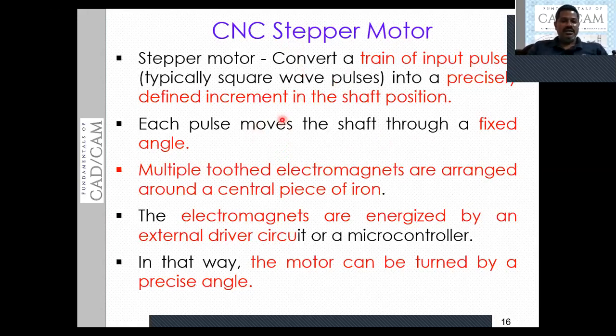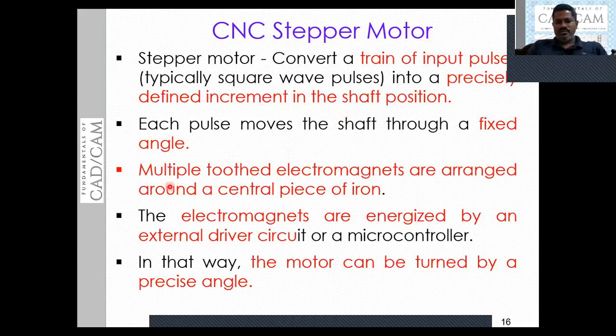Each pulse is defined with a definite motion of the shaft. That means each pulse is going to rotate the shaft by a definite angle. So when we compare the stepper motor with the servo motor, the control or the movement of the speed is exact in the case of the stepper motor. This is the advantage of the stepper motor. With this statement, you can conclude that the control is exact in the case of the stepper motor than the servo motor.